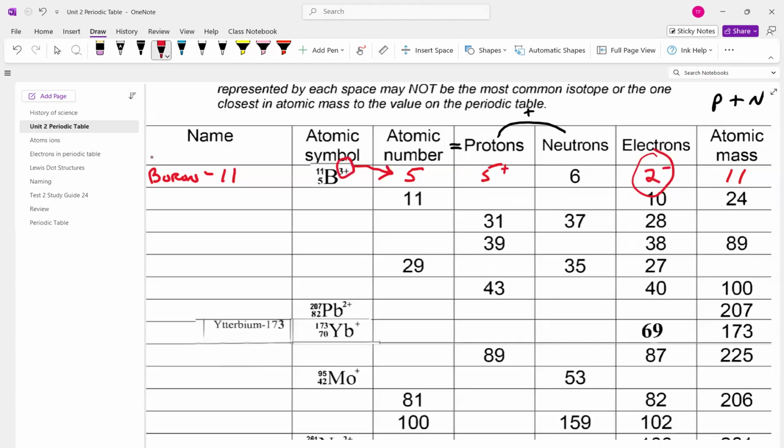So 5 minus 2 is 3. The 5 is positive. That means it's going to be a positive 3. Okay, that's the only difference in this table versus the other one, is the electrons and the charge, or the two things are going to be different.